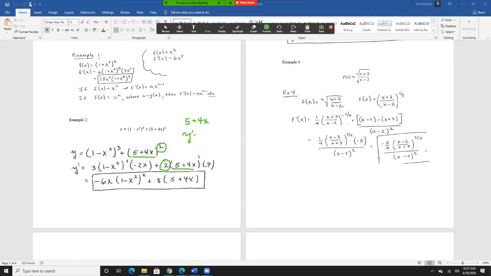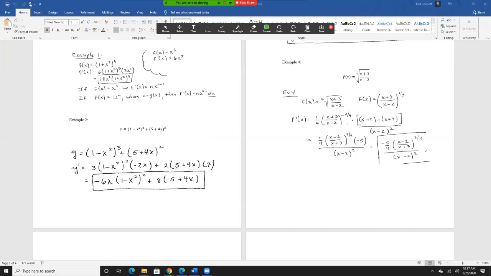Because the derivative of a constant, 5, is 0, that zeroes out, and the derivative of 4x is 4 using the power rule, because x to the power of 1 has derivative x to the power of 0, which is just 1. And remember, derivative can be interpreted as slope, and this would simply be a line of slope 4, right? So that's another way to justify saying that the derivative is 4.